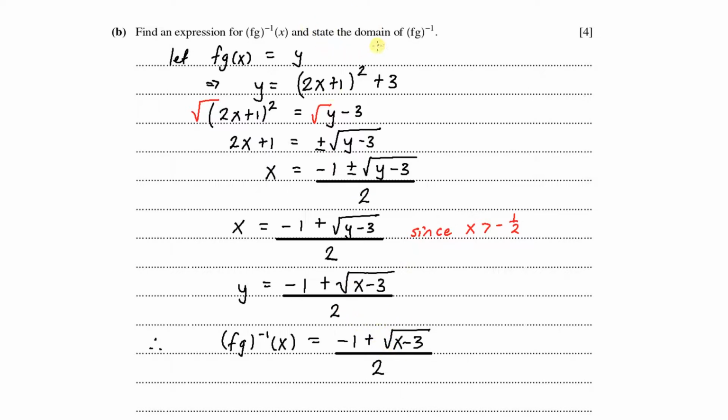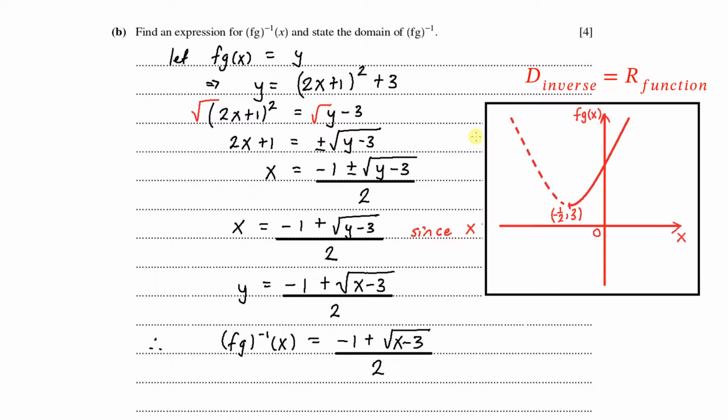Now they say state the domain of fg inverse. You need to understand that the domain of the inverse function is equal to the range of the function. If you consider the graph of the function fg, you find that it's a parabola with a minimum point at minus half and 3.